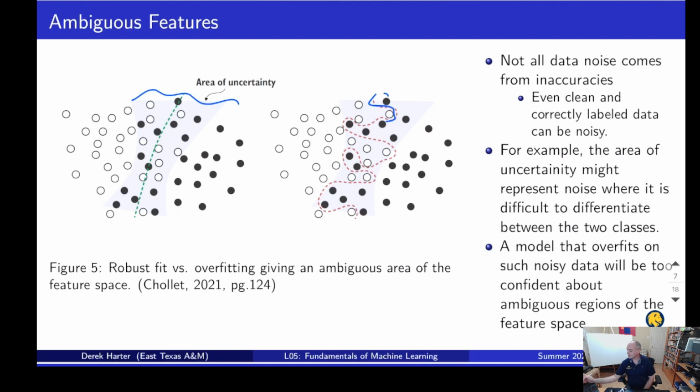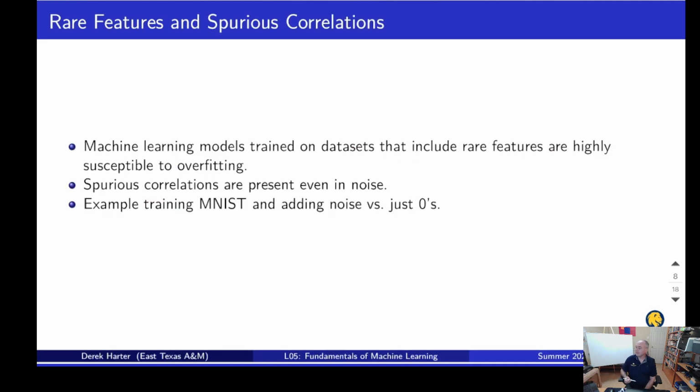So, for example, one source of problem: if you have data sets that include rare features, those are highly susceptible to overfitting, but spurious correlations are present even in noise. Okay, you can see that from this example of training on MNIST.